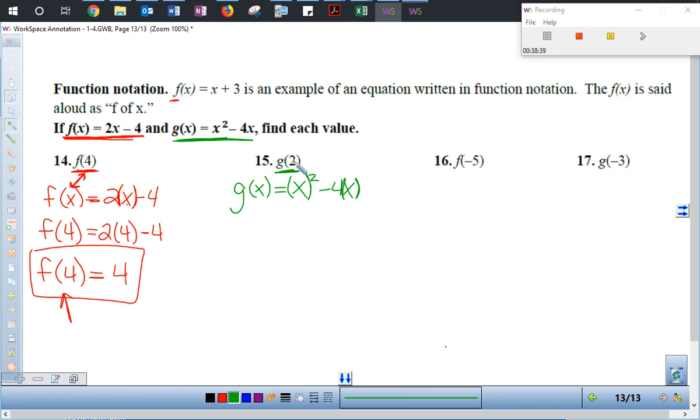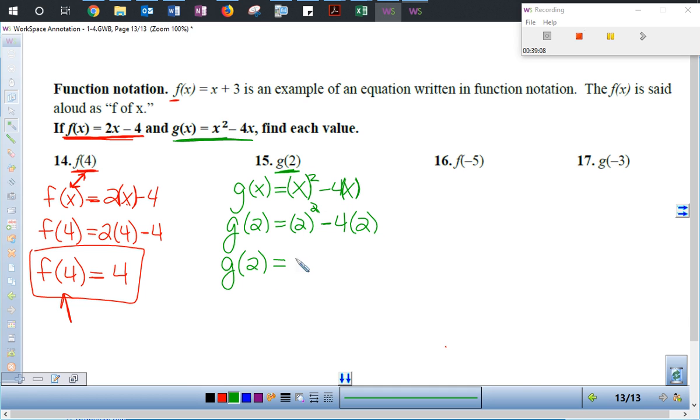Now let's go through and substitute 2 in everywhere we see it. So g of 2 equals 2 squared minus 4 times 2. You need to put parentheses around it every time you see it. Now we can go through and simplify. So bring down your g of 2.